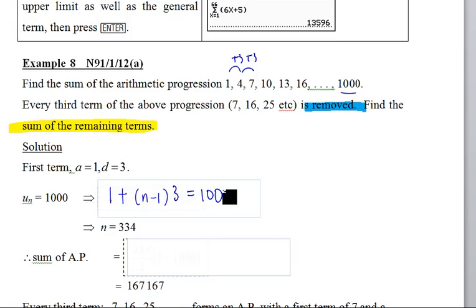But you want to take this out. That means your resulting series is 1 plus 4 plus 10 plus 13 and so on. This has no pattern, this is not an AP. But all you can do is take the first sum minus this sum, and you will get the sum of the remaining terms. Follow?